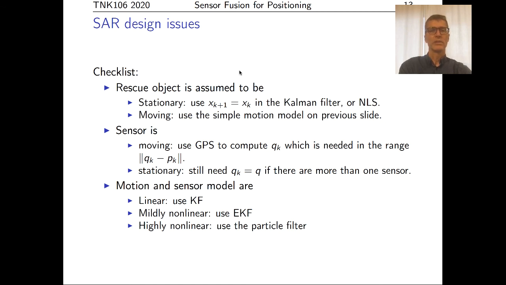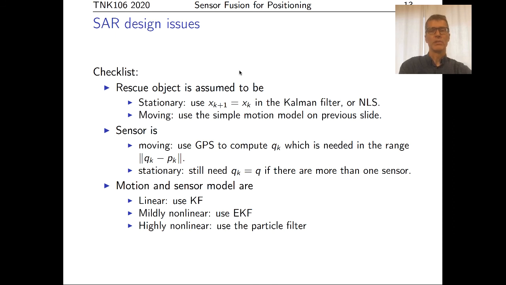Then we need to decide if the sensor is moving or stationary. The sensor can be stationary if you have a scanner at fixed positions. We need to know its position because we need to compute the range between the sensor position and the target position.